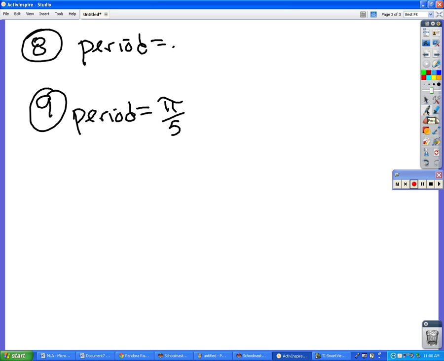I think it's pi over 2. Is it pi over 2? Yeah, okay. So it's half, but it's half a pi. No, never mind. Forget it. It's actually 2 pi, but that's okay.